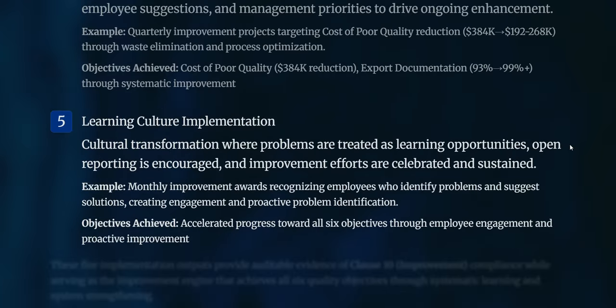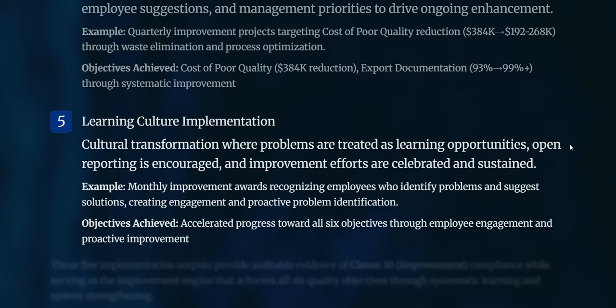The fifth and final output you should have once you complete this module is learning culture implementation. It must be cultural transformation where problems are treated as learning opportunities, open reporting is encouraged, and improvement efforts are celebrated and sustained.